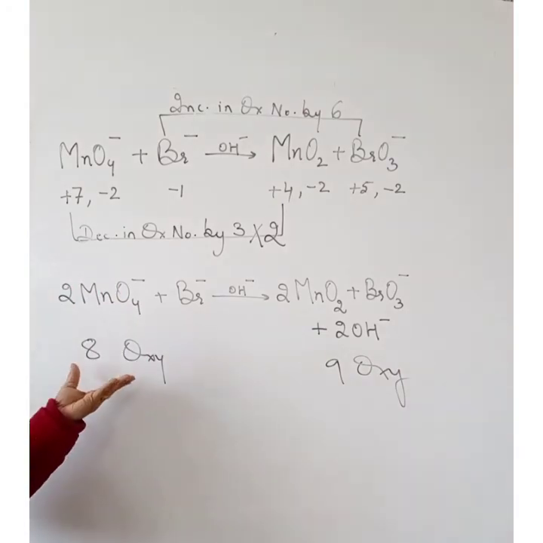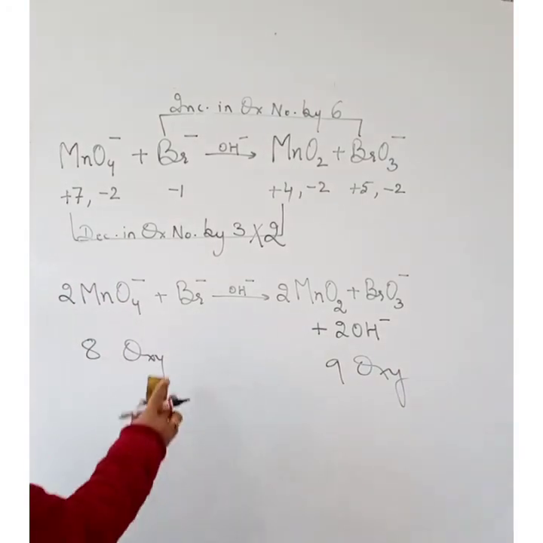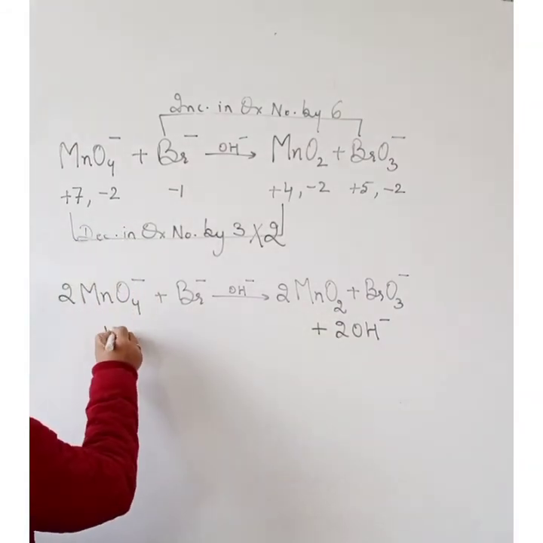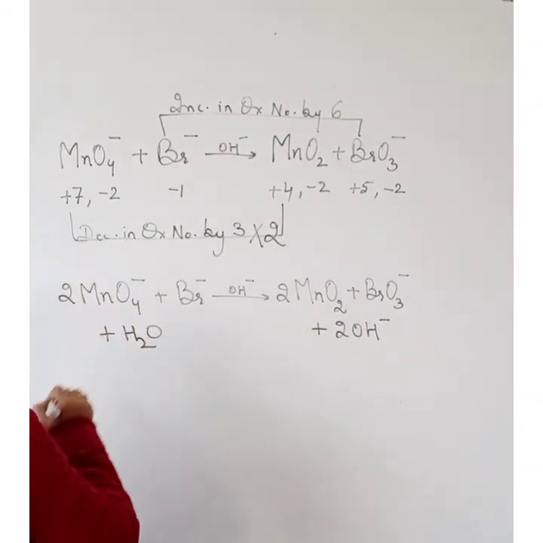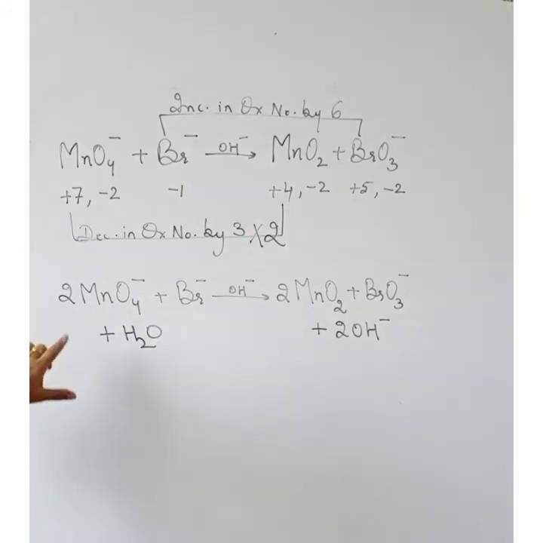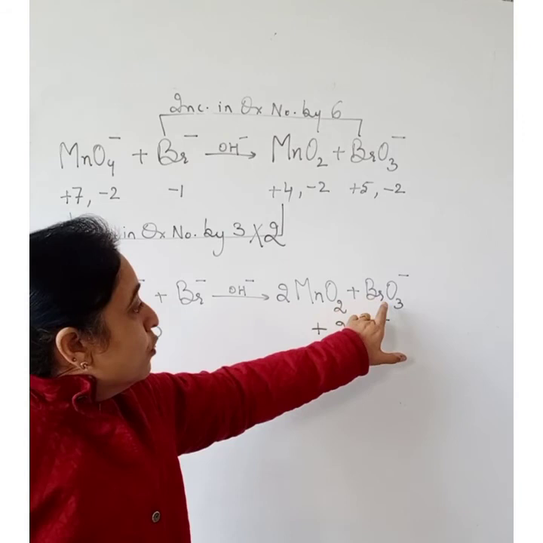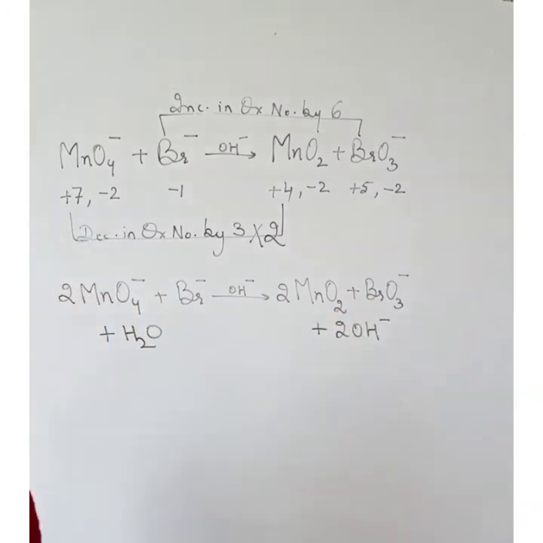So this is the deficient side and it is deficient by 1 water molecule. So I am going to put 1 H2O on this side. So let me recheck. 4 2s are 8 and 1 is 9. 2 2s are 4, 4 plus 3 is 7, 8, 9. So oxygen is balanced.